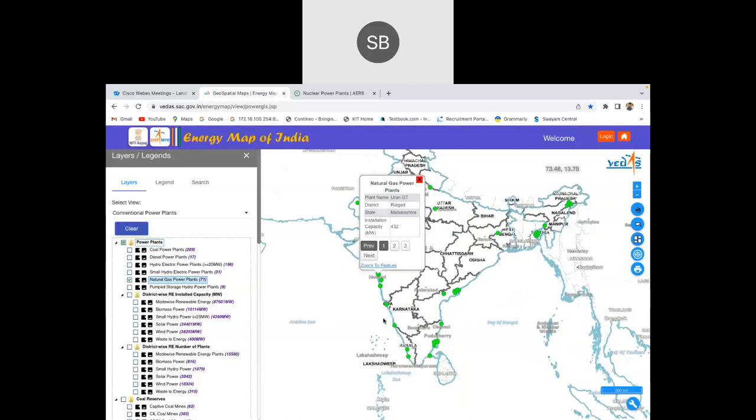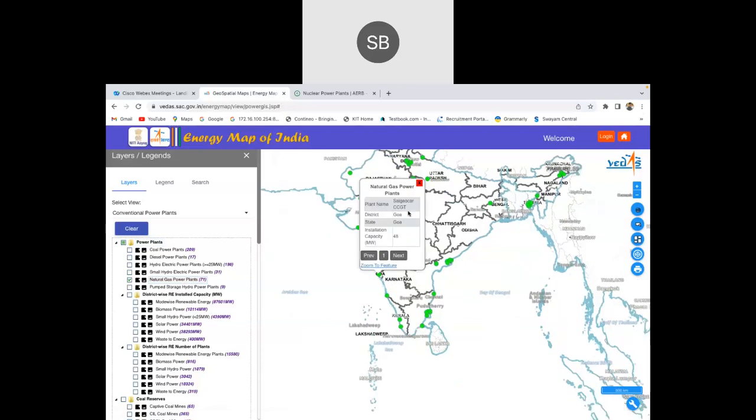Near Gujarat you can see a large number of gas power plants running on natural gas. You can select one and get the information, such as the installation capacity and the location. Near Raigad, there is the Uran gas turbine power plant, which has 432 megawatt of installation capacity.